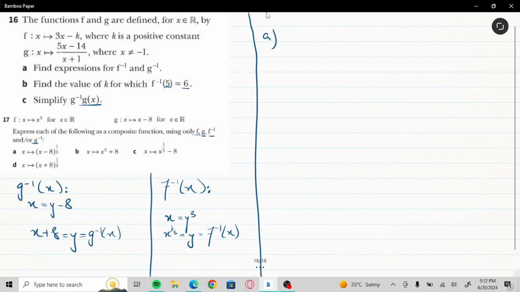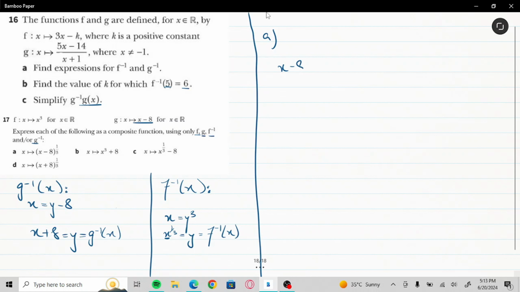For part A, we are told to find the expression of x such that it is equal to (x - 8) to the power 1/3. Do we have x - 8? Yes, we have g(x) in the form x - 8. If we input the function g(x) into the inverse of the function f, we switch only the x value with g(x).